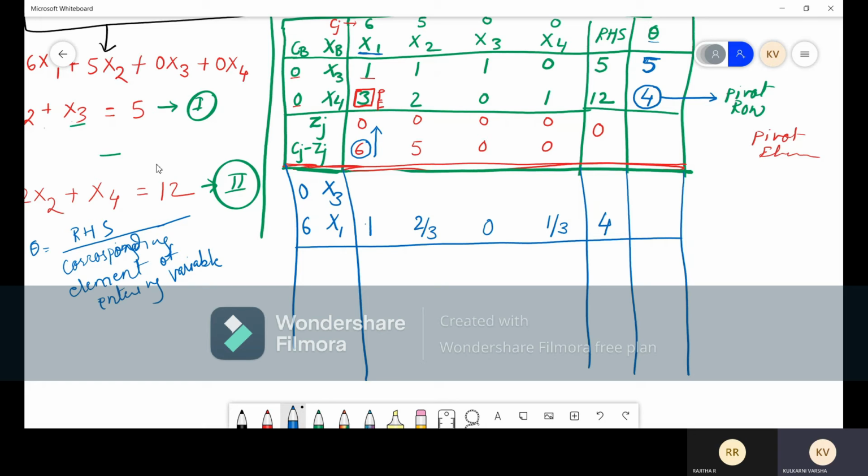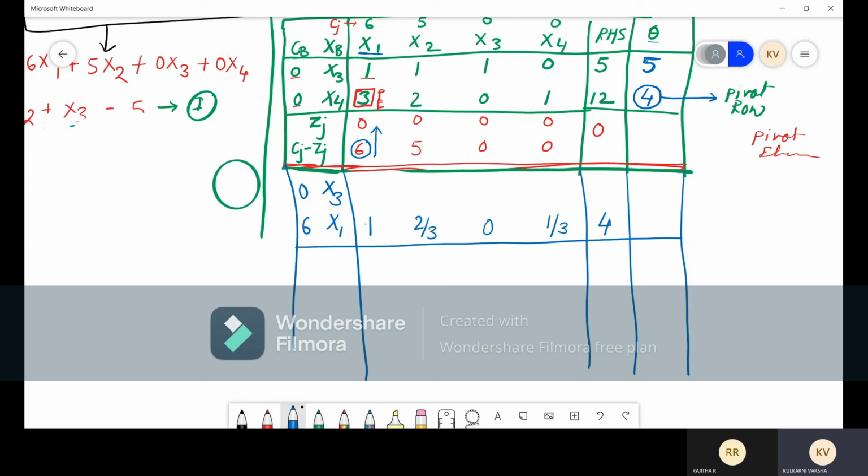Okay, so always find out first for the newly entered variable. How will we find out? Pivot row divided by pivot element. Okay, so to find out for x3, you first have to understand what the basic variables are here. x3 and x1, these are the basic variables. So for whatever basic variables there are, we should get an identity matrix in the way they are appearing. So see, here x1 is there and in the column here x1 is there.